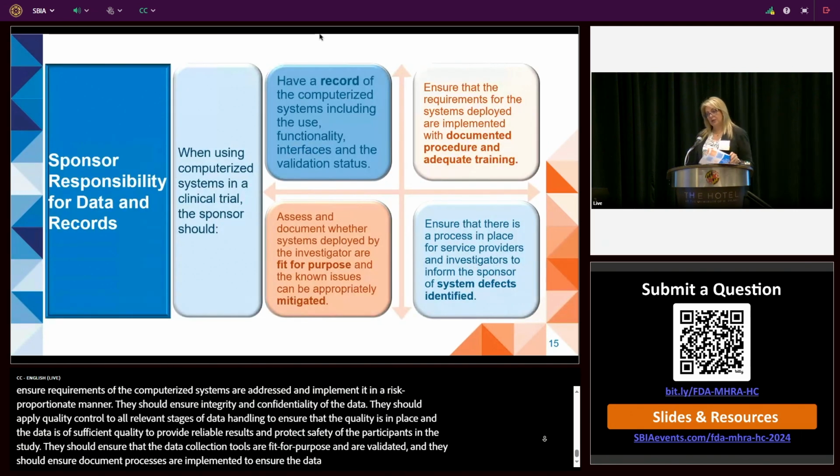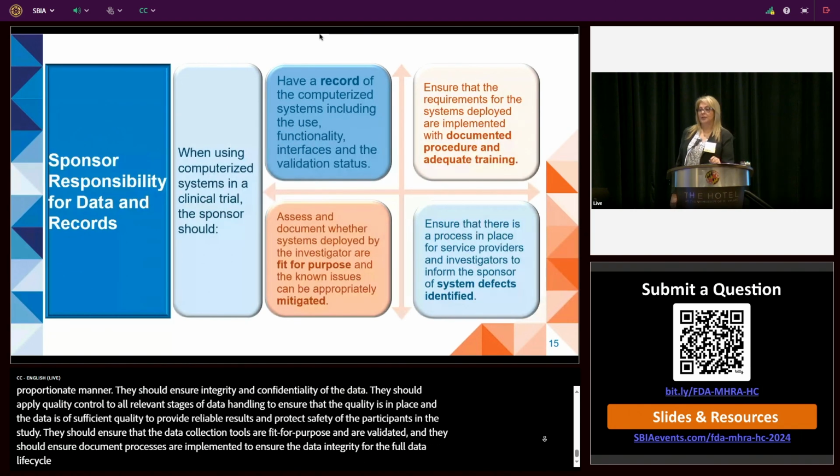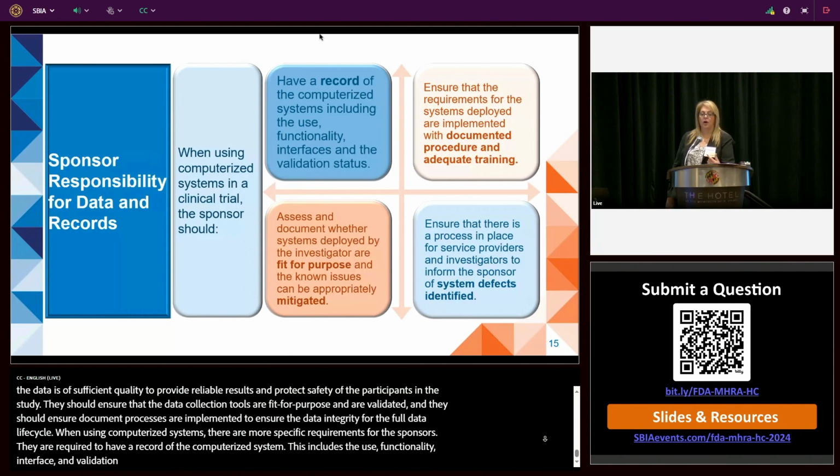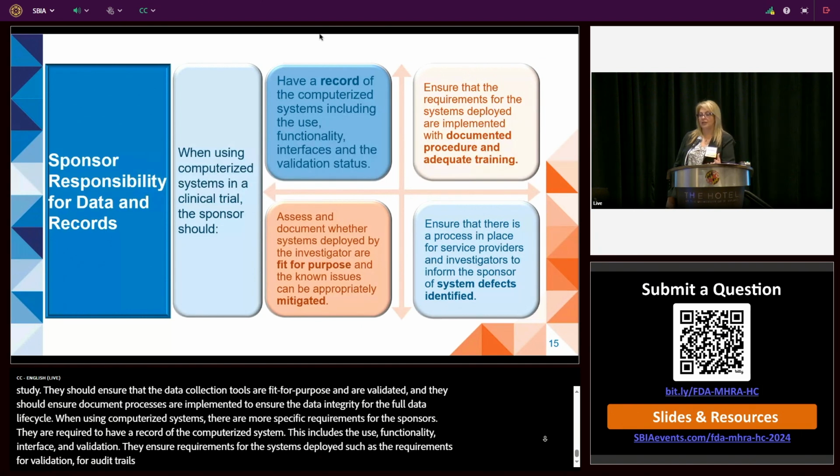When using computerized system, there are more specific requirements for the sponsors. They require to have a record of the computerized system. This includes the use, functionality, interface, and validation. They ensure requirements for the systems deployed, such as the requirements for validation, for audit trail, for IT security, backup, disaster recovery, user access management.